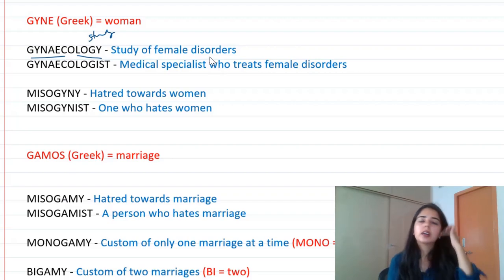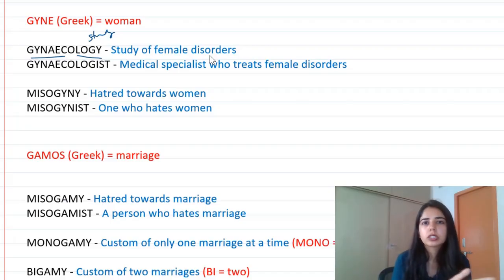If I am a doctor, I treat women, I treat female related disorders, which are mostly disorders related to the reproductive organs, because if I am specifying female disorders, then those are specifically reproductive disorders or hormonal disorders. So gynecology is a study of female disorders.